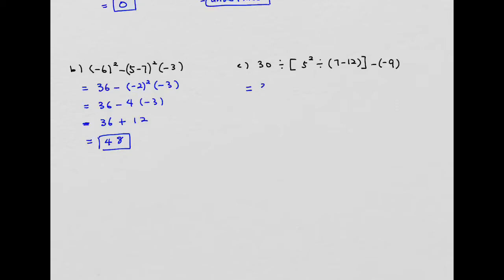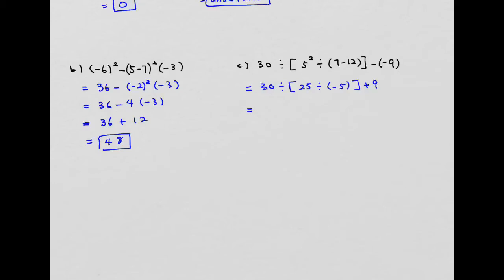So I will have 30 divided by 25 divided by 7 minus 12, which is going to be negative 5. And write it into the one sign, right? So it will be minus a negative number, which is going to be plus 9.